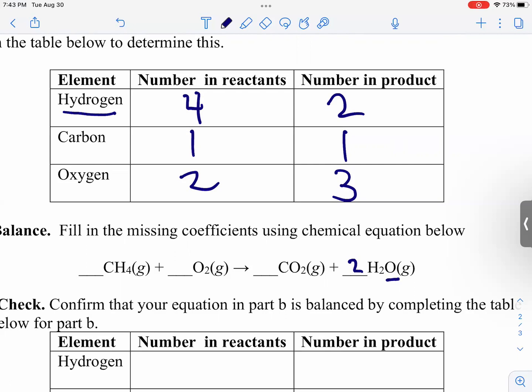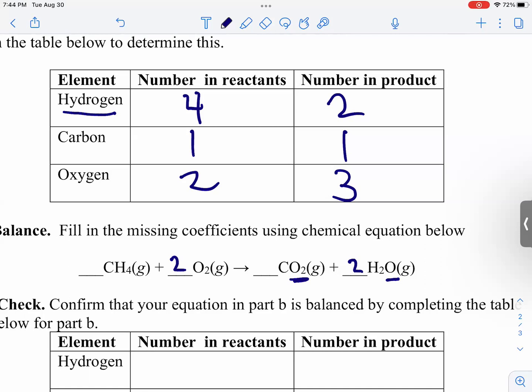So now we have 2 oxygen right here, so we went from 3 to 4 oxygen on this side. So now you're going to have to increase oxygen on the reactant side. How can you do that? You can do that by adding a coefficient of 2. So now there's 4 on both sides. So let's see.